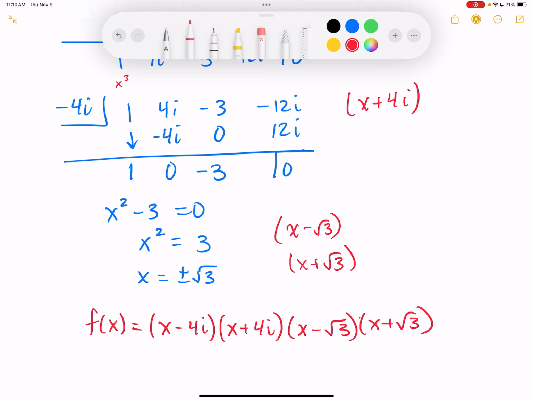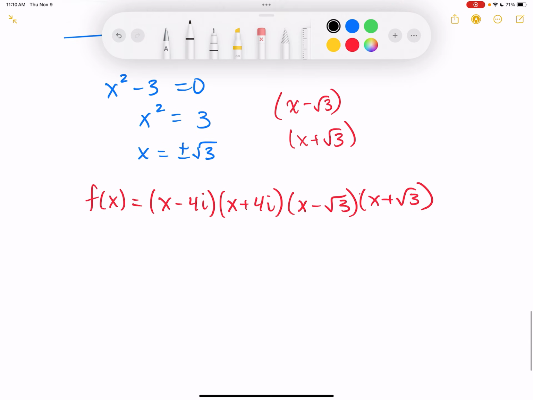So 42. f of x is equal to x to the 4th minus 2x cubed plus x squared minus 8x minus 12.